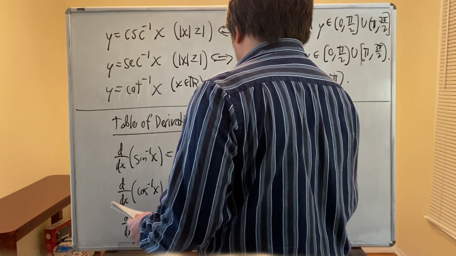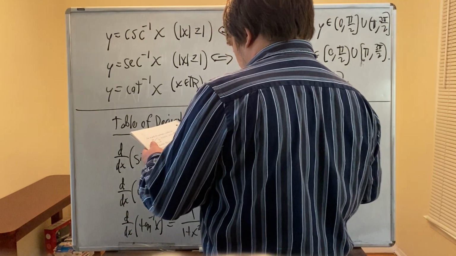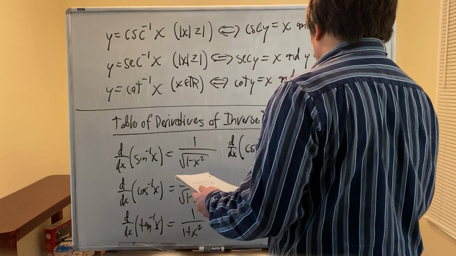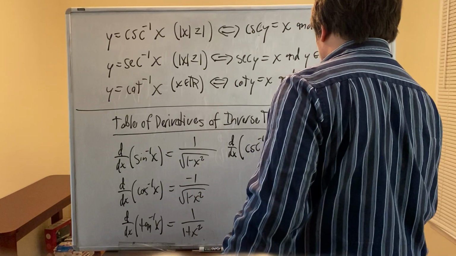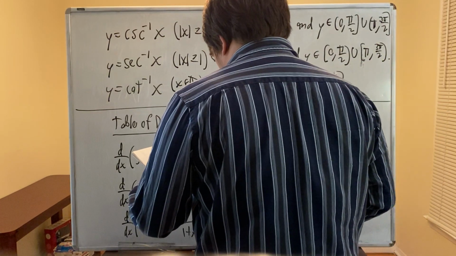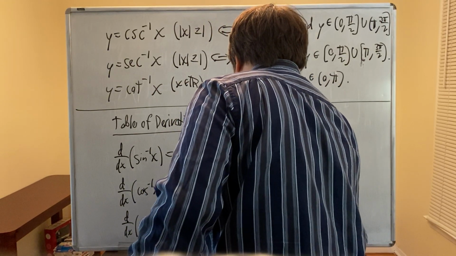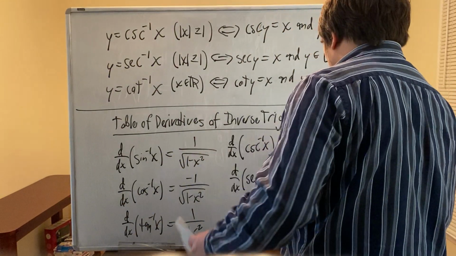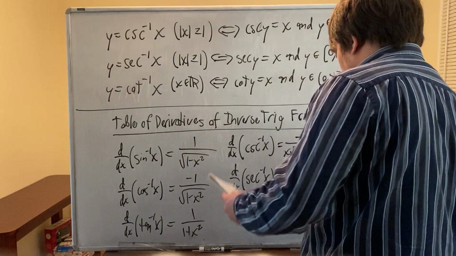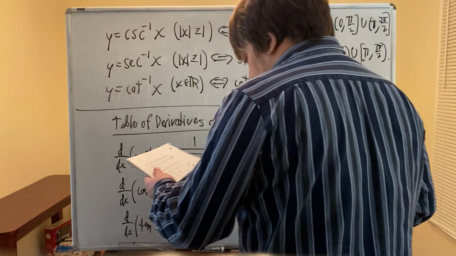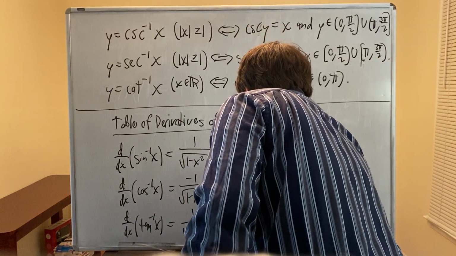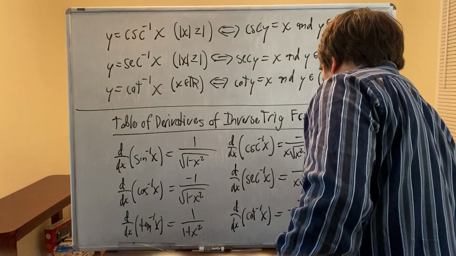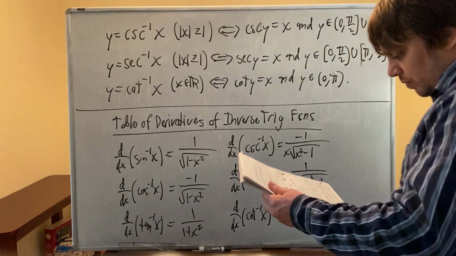We're not going to prove them. d/dx of cosecant inverse x is equal to negative 1 over x times the square root of x squared minus 1. d/dx of secant inverse x is equal to 1 over x times the square root of x squared minus 1, and d/dx of cotangent inverse x is equal to negative 1 over 1 plus x squared.